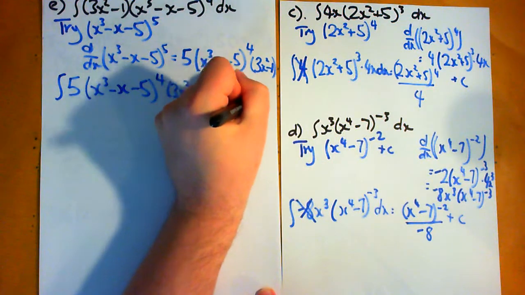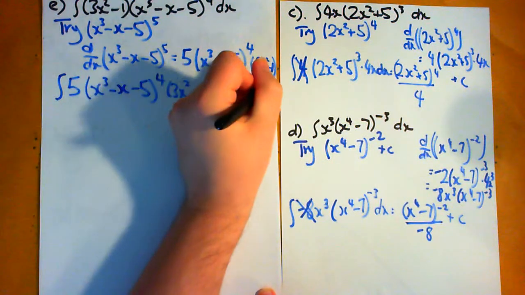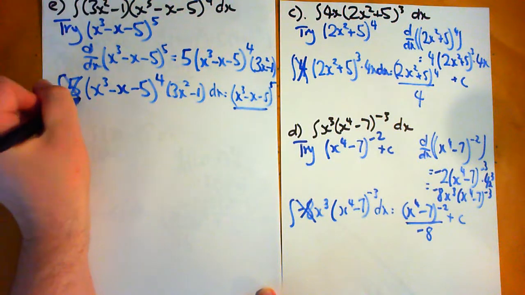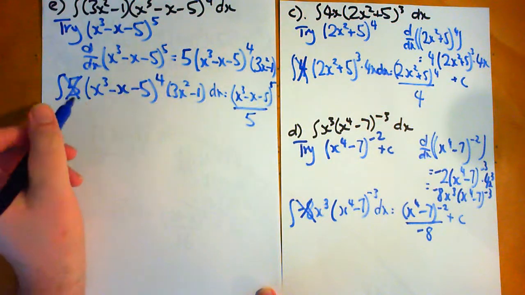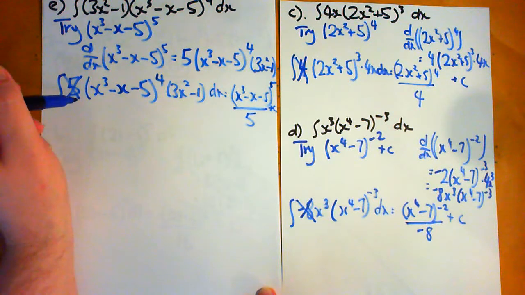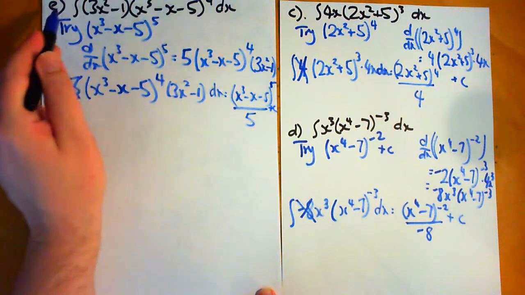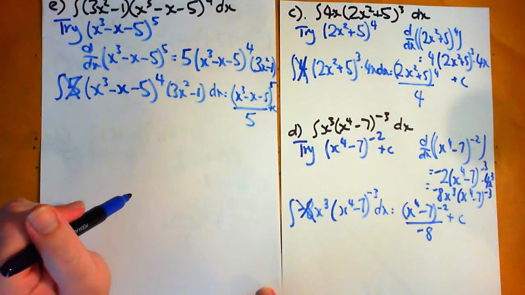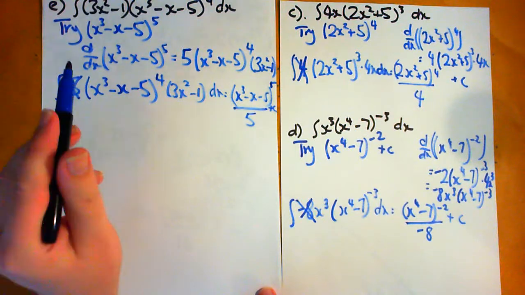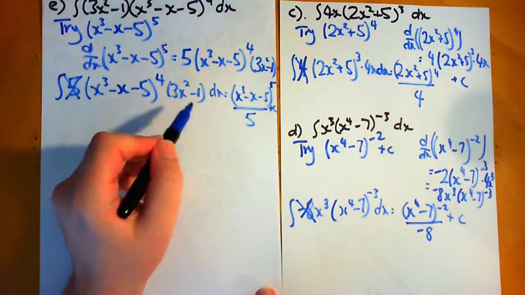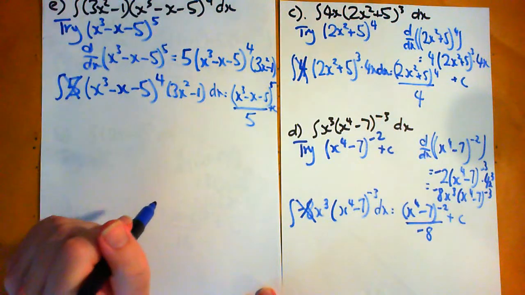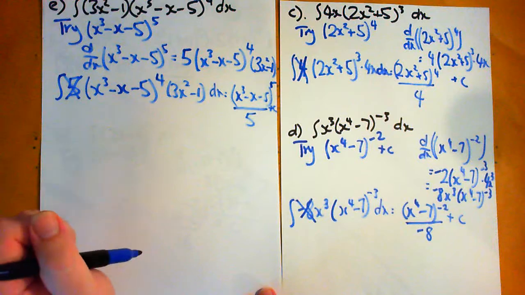That is the bracket, which is (x³ − x − 5) to the power of 5 over, we need to get rid of this 5, so we divide by 5, plus c, because now what we've got, once we've got rid of this 5, is exactly what we had to integrate to begin with. The brackets are in the other order, but that doesn't really matter because it's just a multiplication anyway. So we've got the 3x² − 1, and we've got the (x³ − x − 5).